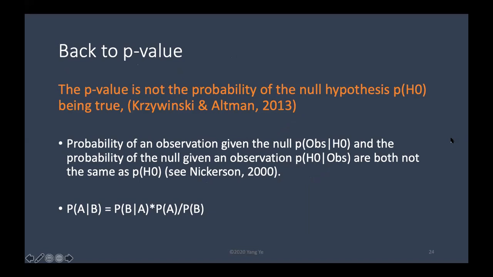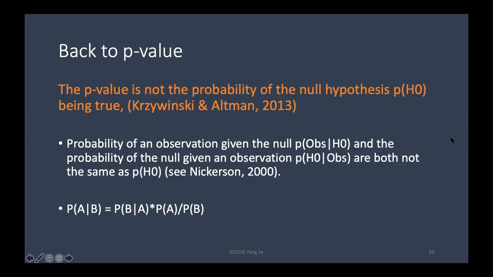This is because the probability of finding the findings given the null hypothesis is true is not the same as the probability of the null hypothesis being true. And it is also not the same as the probability of the null hypothesis given the observation. Okay, so one is P of A given B, the other is P of B given A.